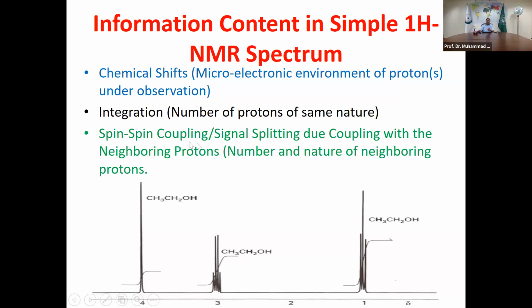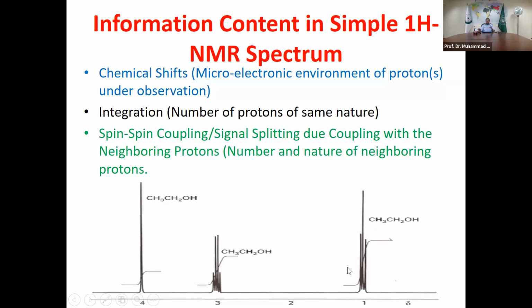And that is spin coupling, very important: splitting of signal due to coupling with the neighboring protons. This is what my colleagues will actually define for you, all 3 concepts: chemical shifts, integration and spin coupling. Integration is very simple because this is what you get as an integer also.